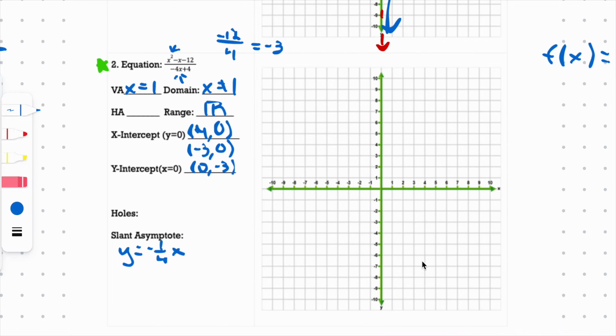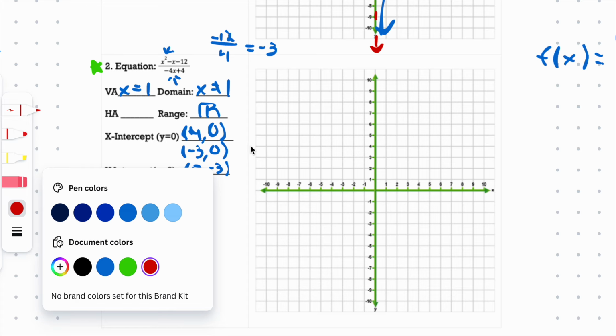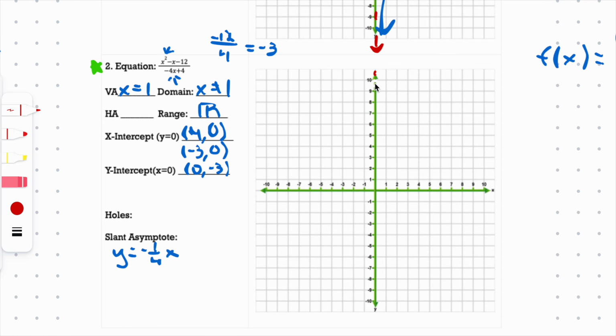Okay. So we have a bunch of information at this point, and we want to put that down onto our graph. First, the asymptotes. We have an asymptote of x equals 1, so I'm going to draw a line right here. Great.